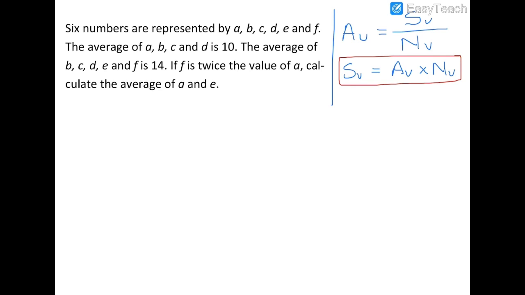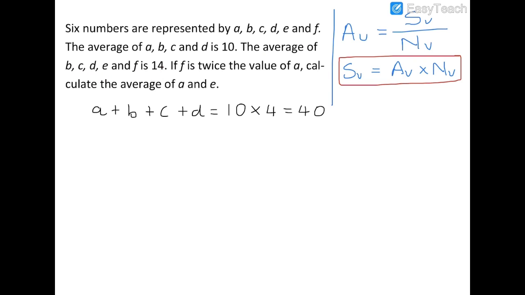Now, let's write the information that we have from this problem. We know that A plus B plus C plus D is equals to the average 10 multiplied by how many numbers are there. So there's 4 numbers, which is multiplied by 4. This will be equals to 40. And the next piece of information is here where they tell us that the average of B, C, D, E, and F is 14.